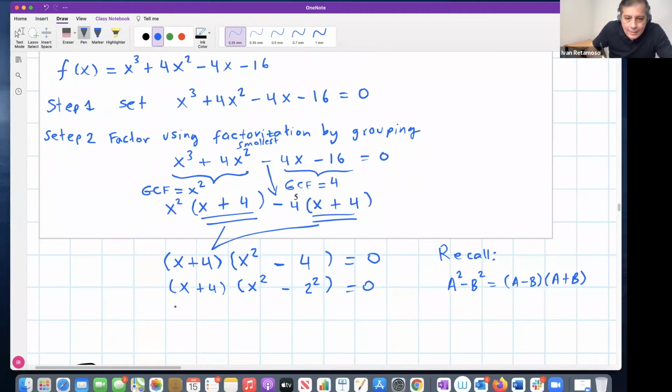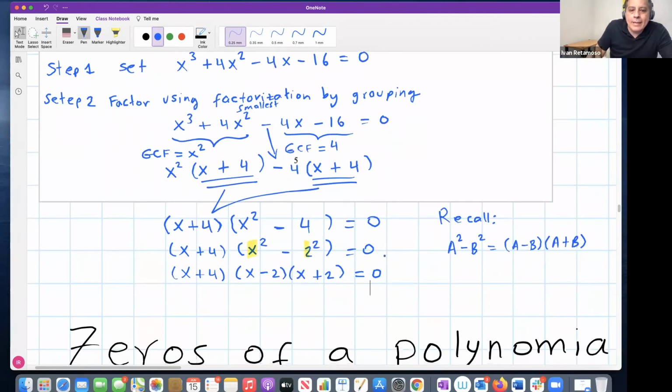So this is going to be x plus 4 times x minus 2, right? You just pick up the bases, right? You don't care about the exponents. X minus 2, the difference, and then multiply by the sum of the bases, x plus 2. Very good. Equals 0.